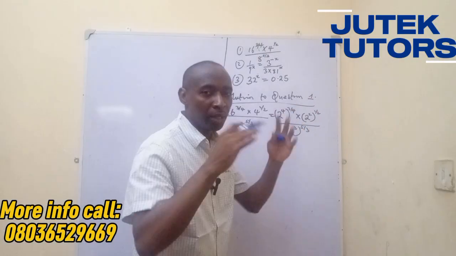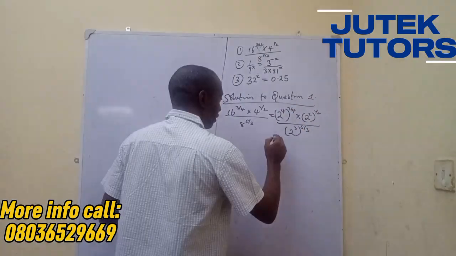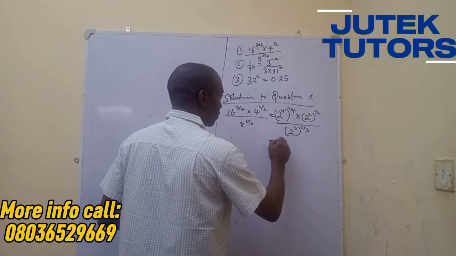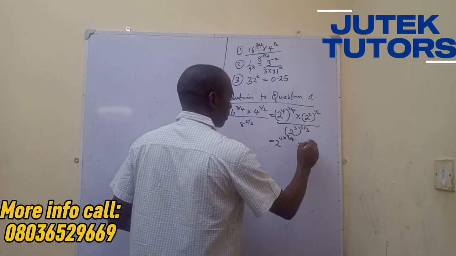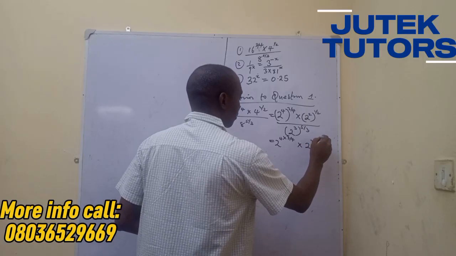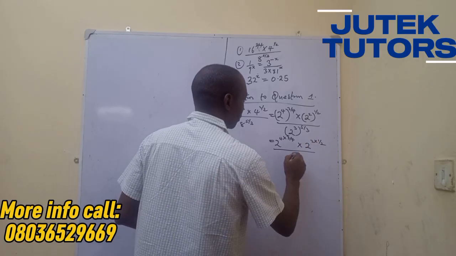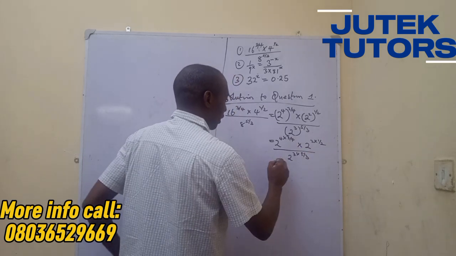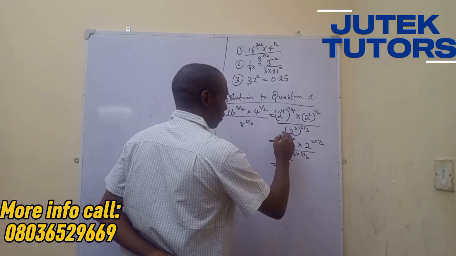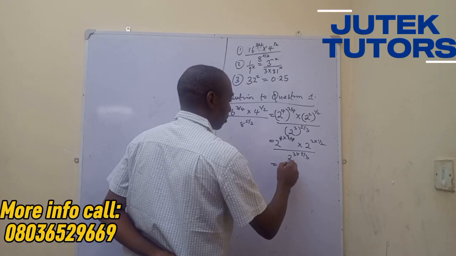Let's take care of the numerator. We have 2 raised to power 4 times 3 over 4, times 2 raised to power 2 times 1 over 2, over 2 raised to power 3 times 5 over 3. In this case, this 4 will cancel this 4, and we have 2 raised to power 3.